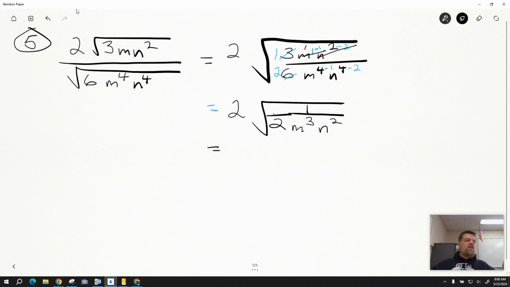So on my next step, I'm going to say 2 times the square root of 1 times the square root of 2 times the square root of m cubed times the square root of n.